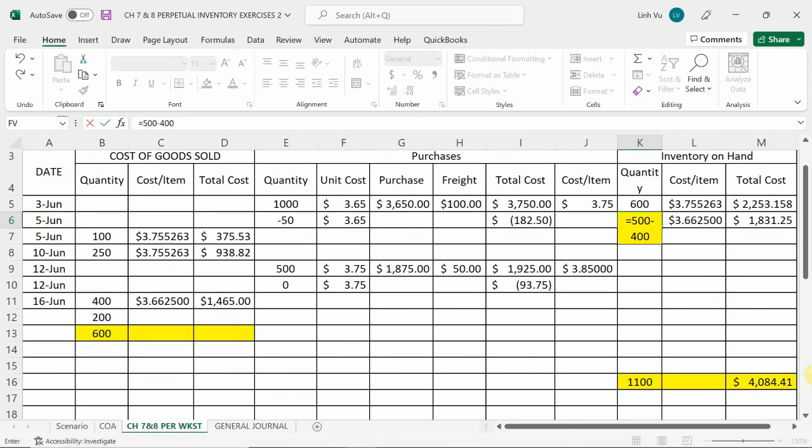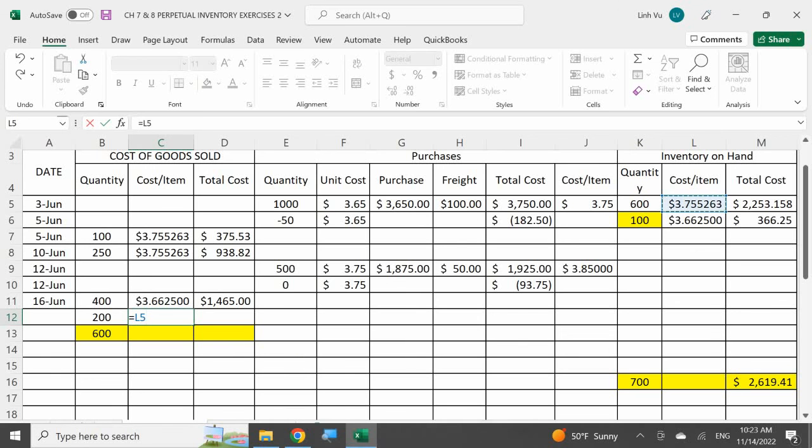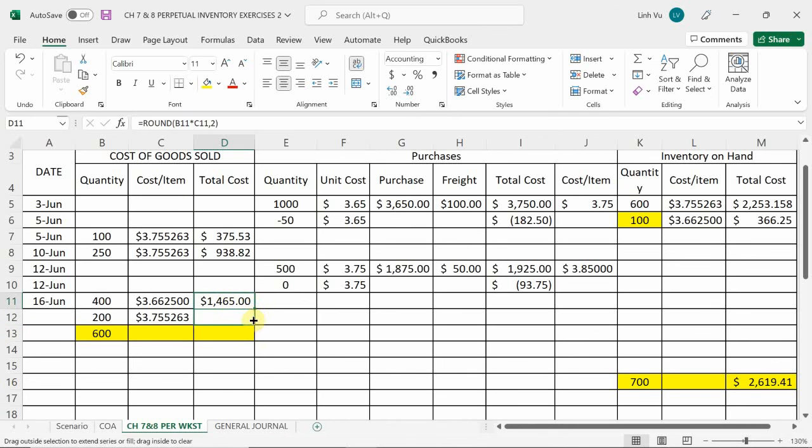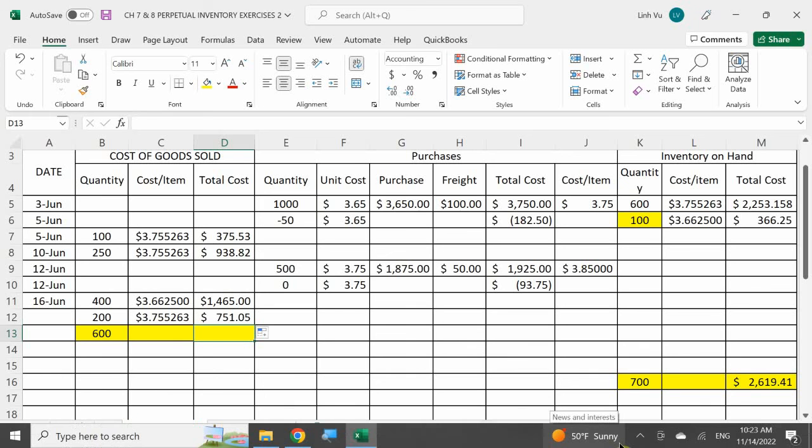I'm at 1831.25. Should give me $366.25. That should be correct. Okay. Then I need to solve for selling 200 units at my $3.75755, right? And that should give you a total of $751.05.